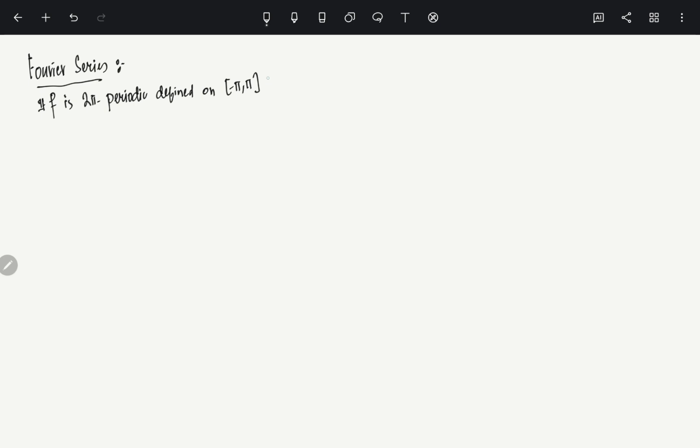Then f of x, you can write it as a naught plus summation. Now, this equals sign is misleading. We have assumed that we can write it like this, and then we got some an's and bn's. This may not always be true. So I will put a small star here.